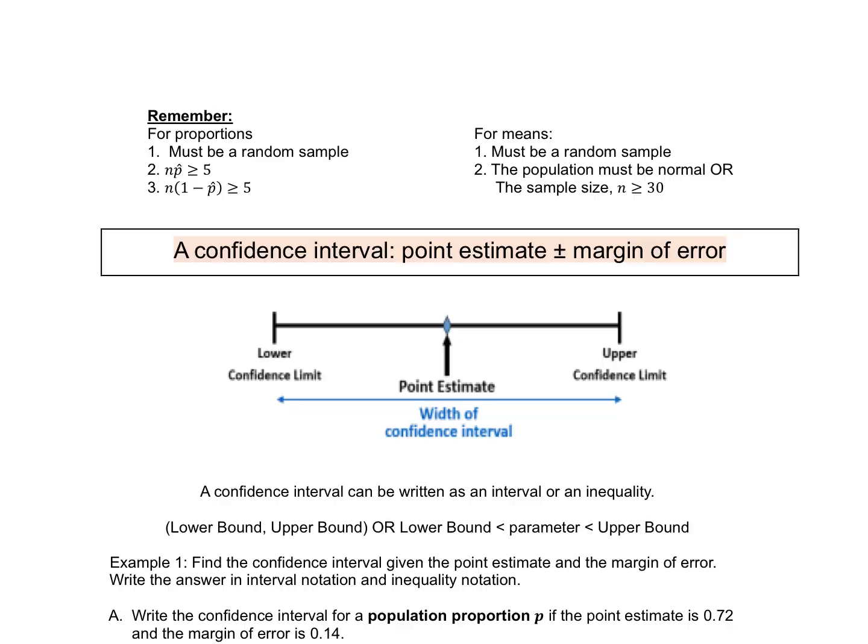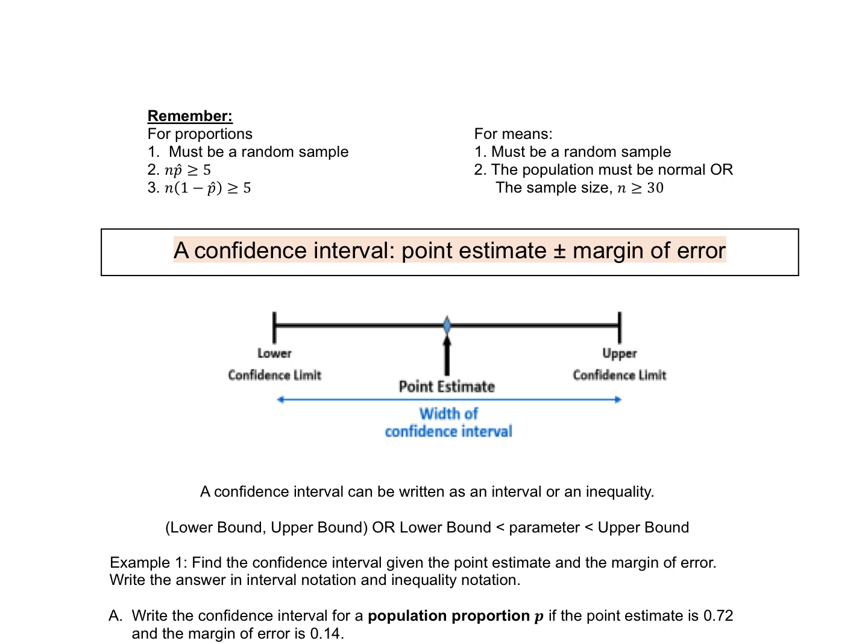Okay, one thing you do have to remember is to make sure that we can use a normalized chart in order to be able to use our data. So you have to check, make sure, does it actually follow my guidelines? The majority of the time it will, but you still always need to make sure that you check it. So remember, for proportions, must be a random sample, and N times P hat must be greater than or equal to 5.